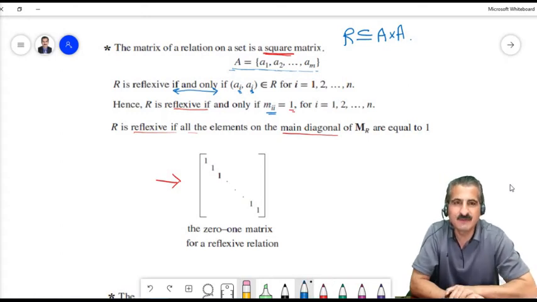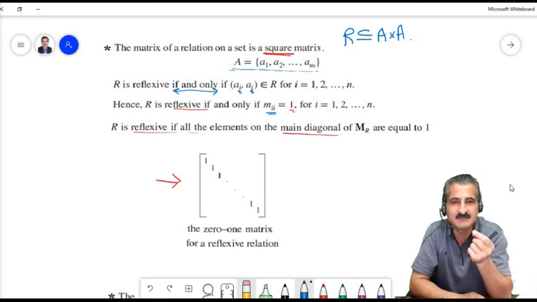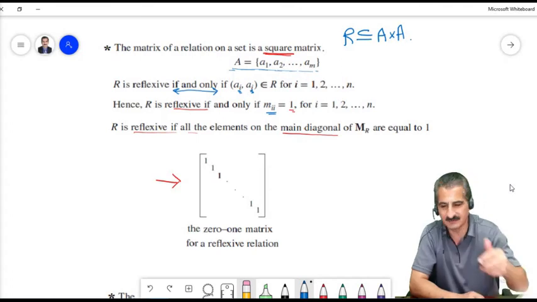To have a relation being reflexive, we must have 1 at every place in the diagonal. If one place in the diagonal has 0 there, not 1, then that matrix represents a relation which is not reflexive.